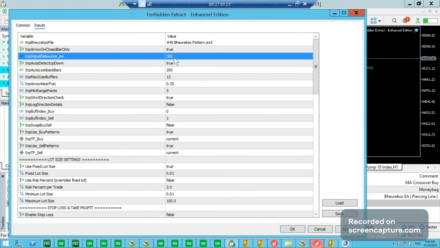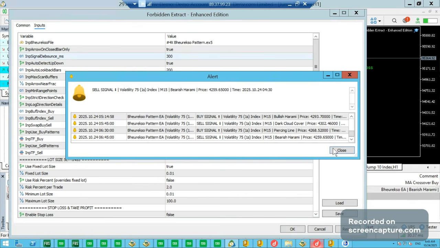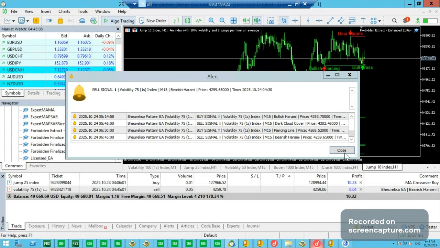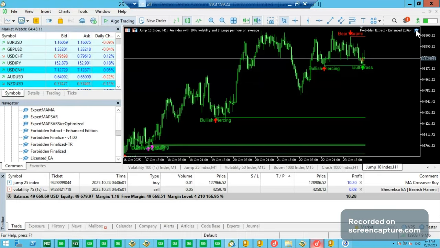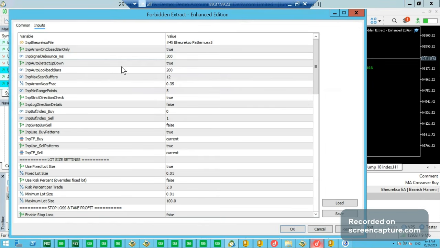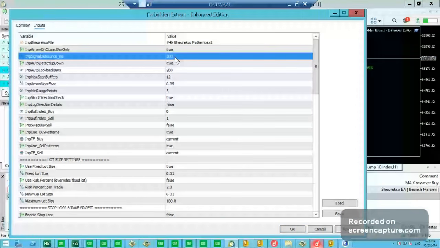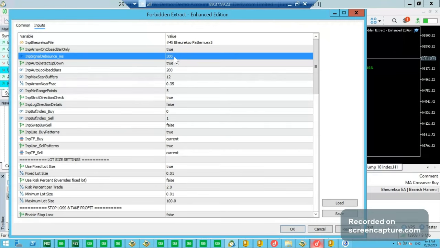So if the arrow pops up and we set this to 300 seconds, EA will wait and count 300 seconds. If that arrow didn't disappear, it will recognize the arrow as a valid signal. But within that period, if the arrow disappears within 300 seconds, it will not activate the trade.